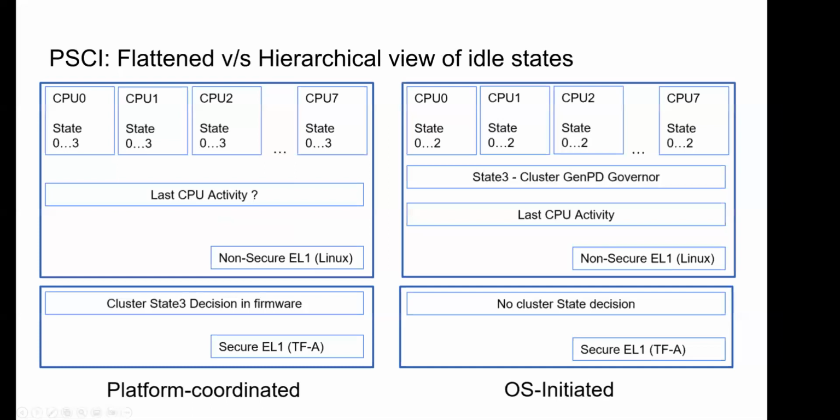I think the numbers earlier today show, yeah, you can get some better residency, but they haven't entirely shown that end-to-end story. Yeah, just to add to that, do we have numbers with more than one state at the cluster level? Because that means the domain governor, as you put it, needs to do more work, and that might conflict with what the CPU governor does. So how does it take the decision?